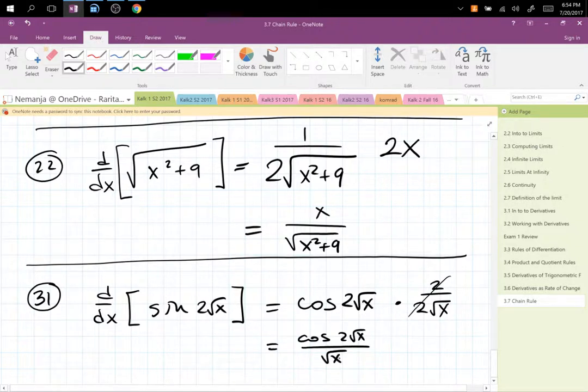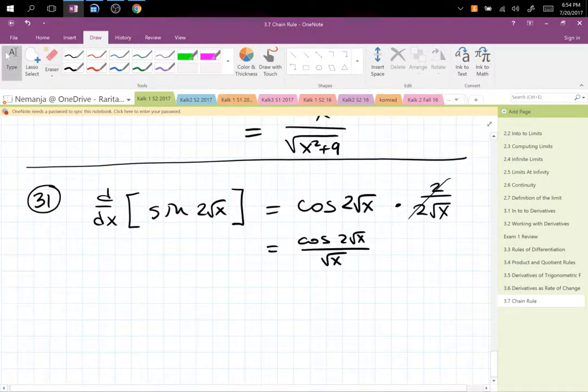And there it is. So, how do you know that? Can we cancel root x? Hell no.